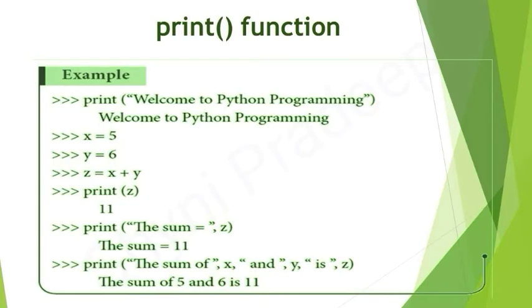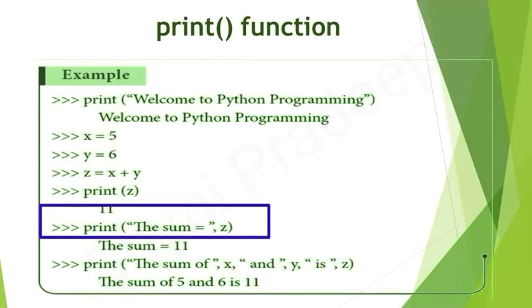So what is the value of z? z equal to x plus y. x is what? 5. y is 6. So x plus y means 5 plus 6. So z equal to what? 5 plus 6 equal to 11. Here you have to print the value of z. So now what is the value of z? 11. See the next print statement. In this code, double quotes is given.